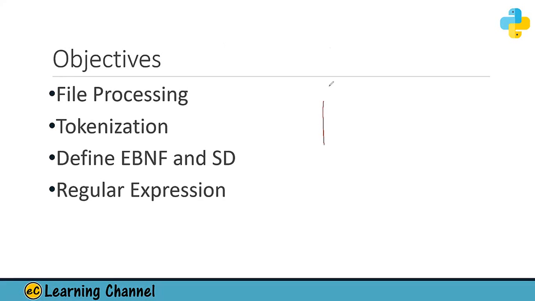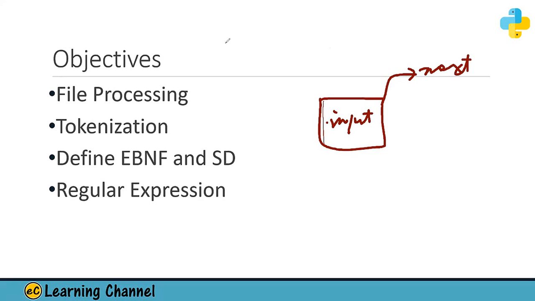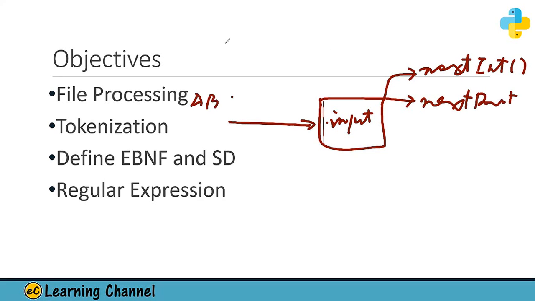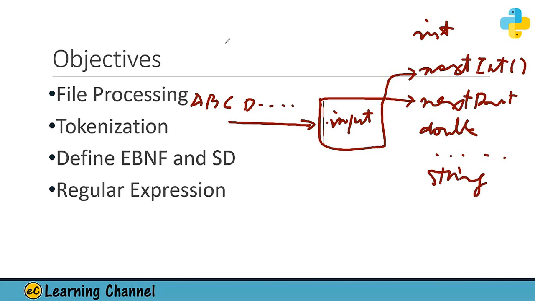We have the input, and simple input is like getting the next integer or the next double. Your input string is a character string, and your output may be an integer, a double, a certain value or a string. That's the format of the data.